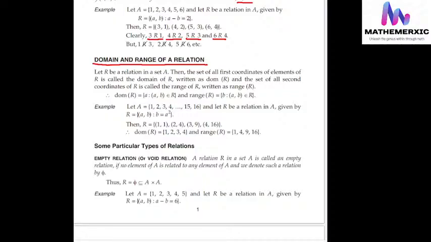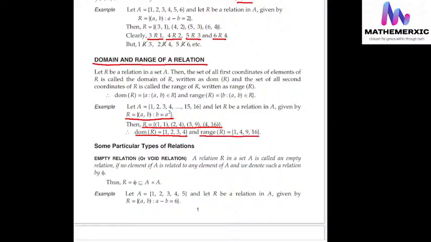The domain of R is {1, 2, 3, 4}, the first coordinates. The range of R is {1, 4, 9, 16}. In this example, because this was the defined set, the domain of R will be like this, and the range of R will be the second coordinates.